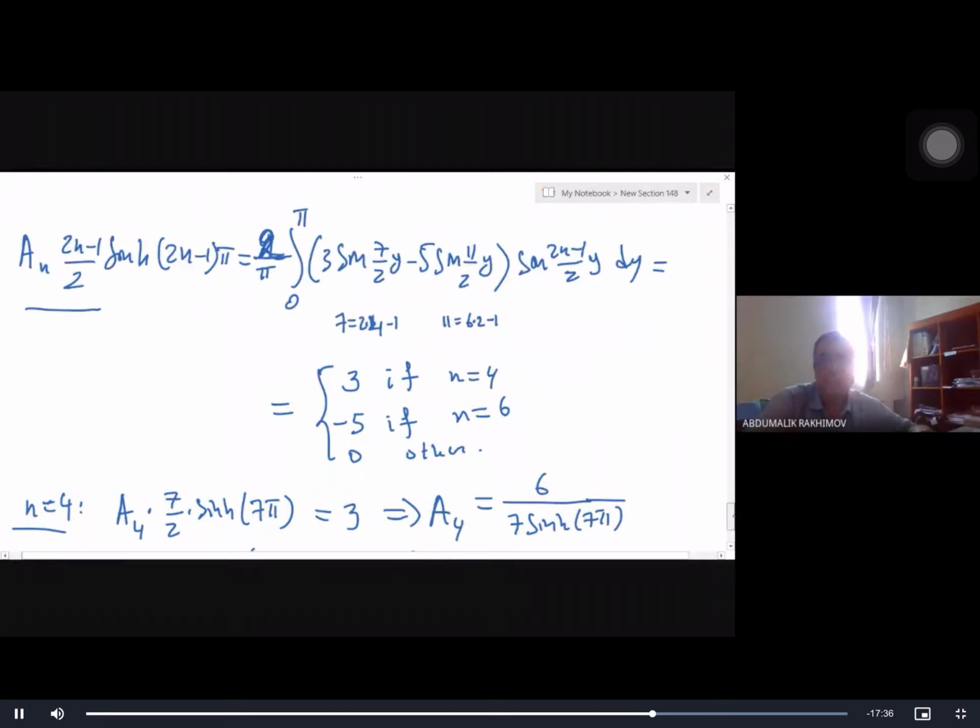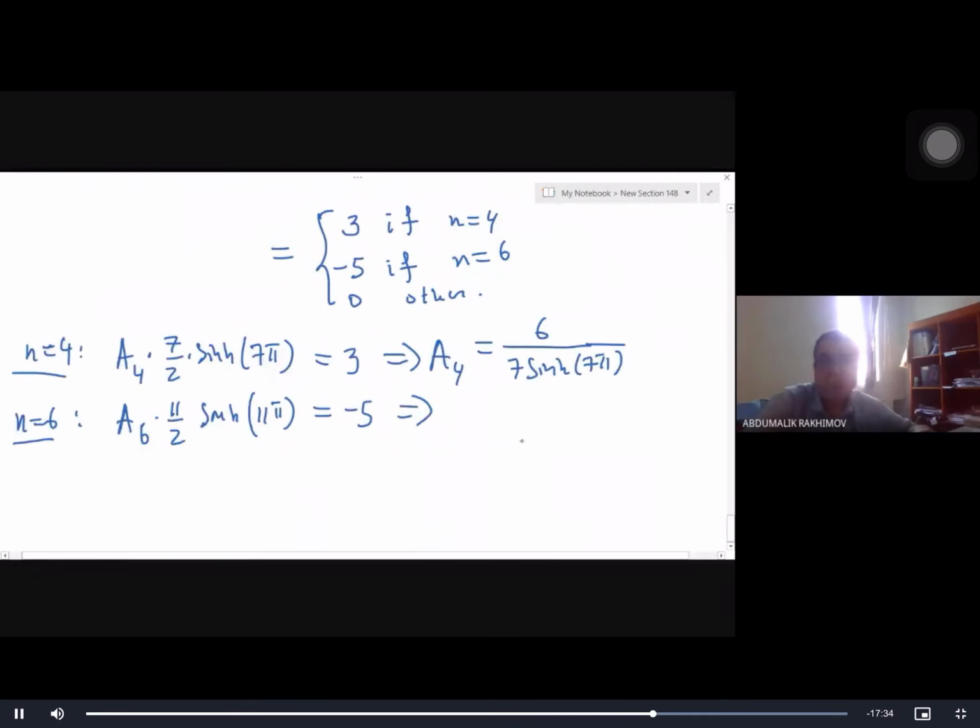From this we find a_6. a_6 is equal to minus 10 over (11 sine hyperbolic 11 pi). And a_n equals 0 if n is not 4 and not 6.